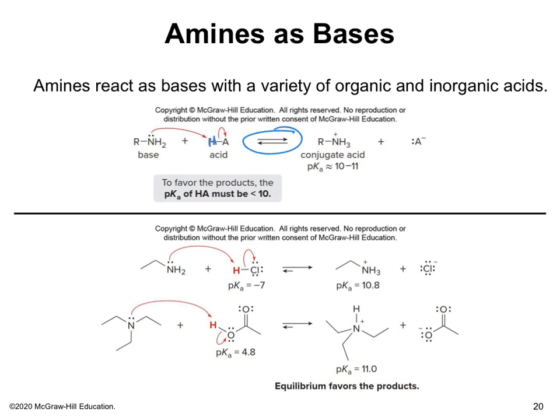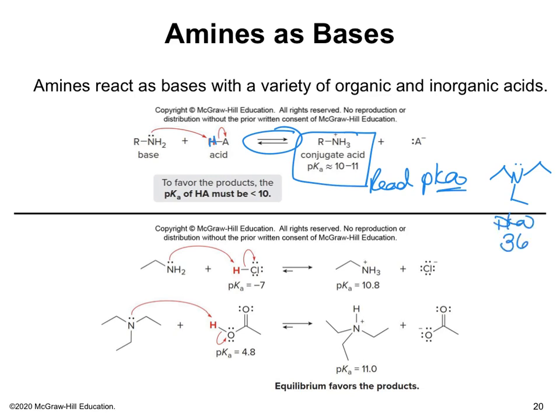So here it's showing you that, and if you look at your charts, I want you to be able to read pKa tables because that's helpful on your exams, so make sure you're not looking at an amine. Like an amine, if you look at something like this, just the amine that's not protonated, you're going to see that pKa is around 36. Okay, ammonia is 36. Be careful because that's not protonated.